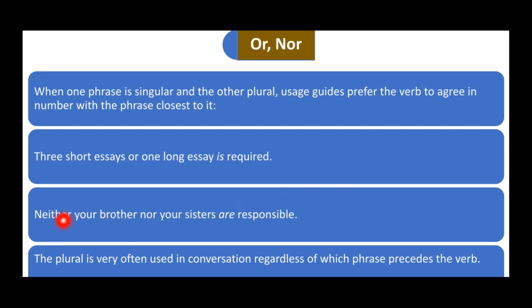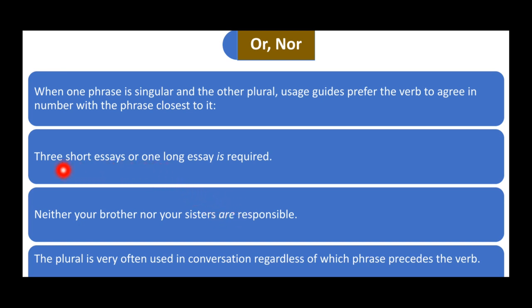Another example. Neither your brother nor your sisters are responsible. You can see here again two noun phrases are used. One is your brother and the second is your sisters. So your sisters is plural and your brother is singular. That's why it will take a plural verb are, right? It's quite opposite of this one.